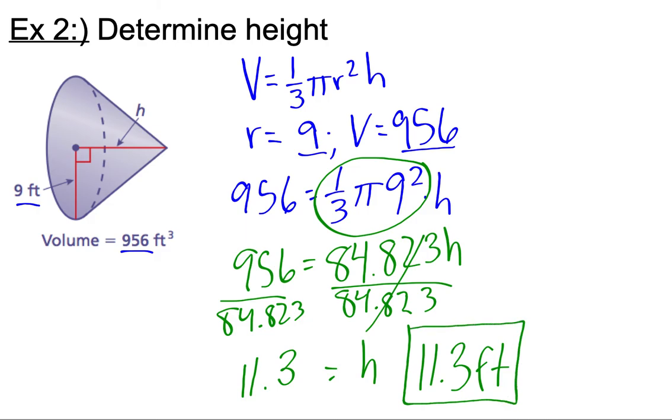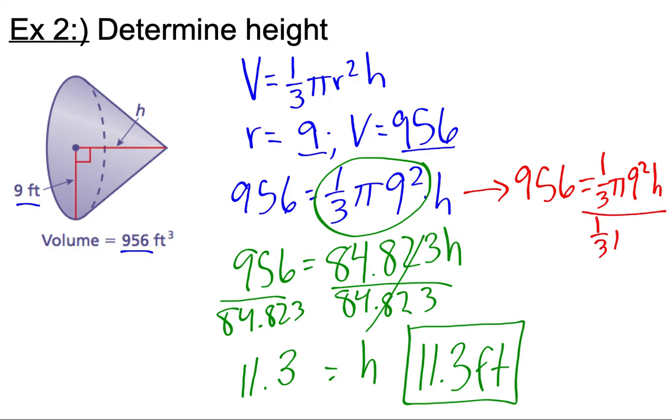Remember, option 2 here would be at this point of the problem, just dividing both sides by 1/3 pi 9 squared. Now this ends up being a slightly quicker method, but you're more likely to make an error unless you're really good at using your calculator. The answer does come out the same, so I'm not going to use up time on that.